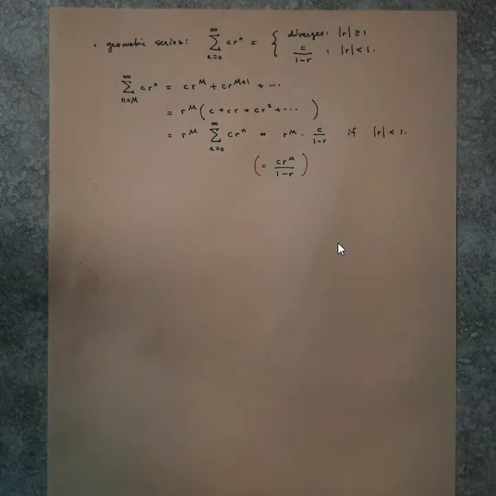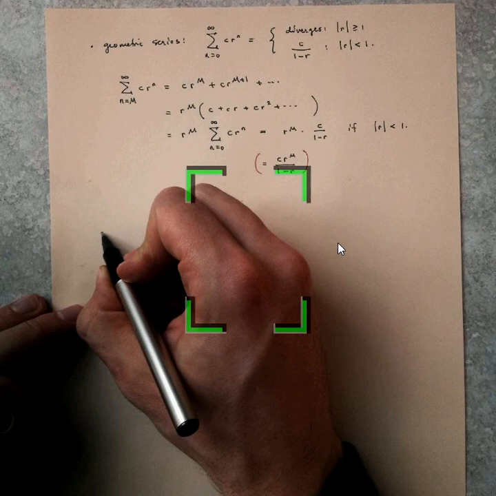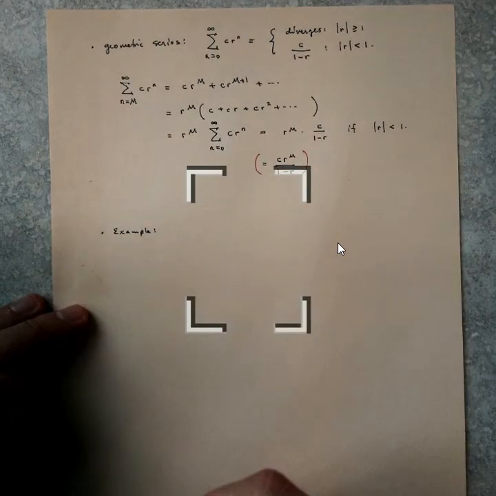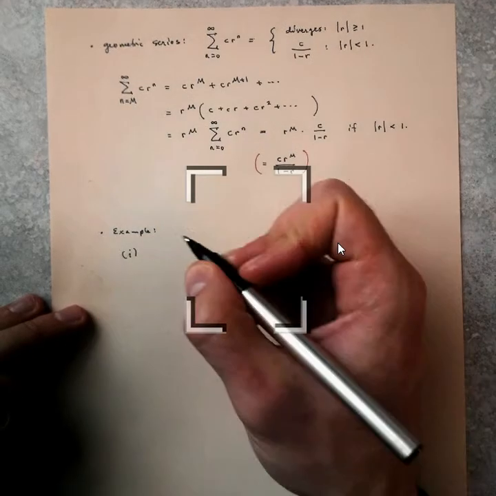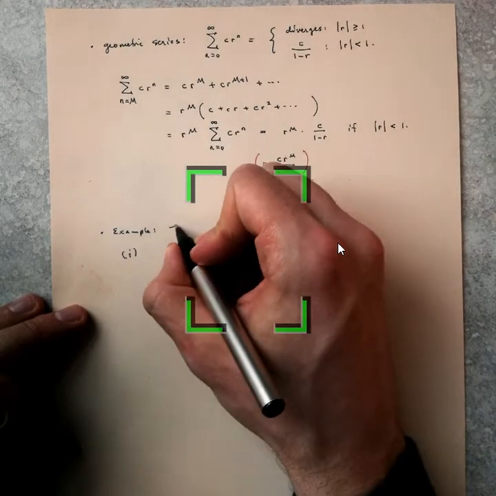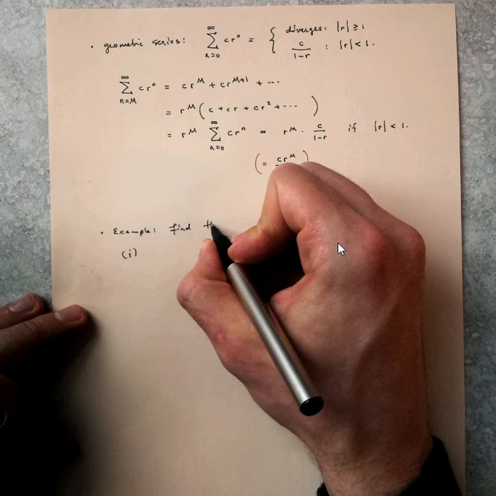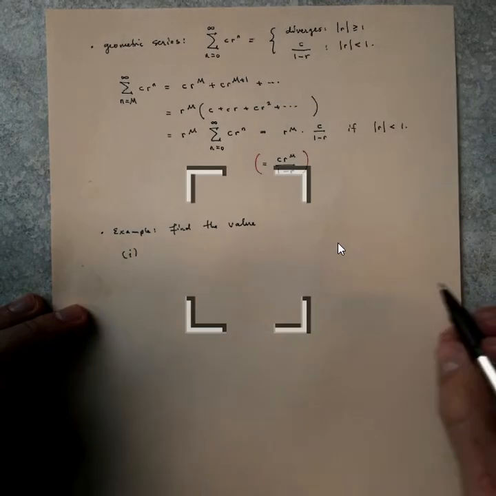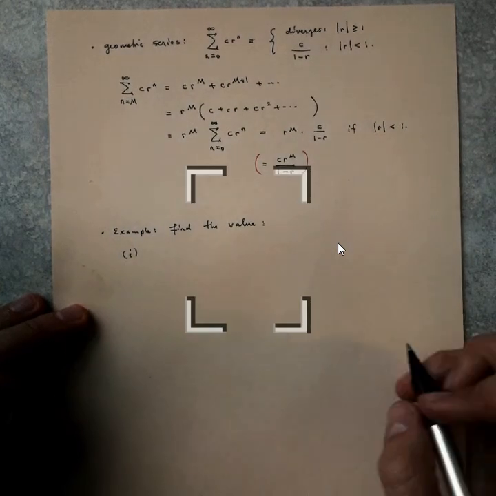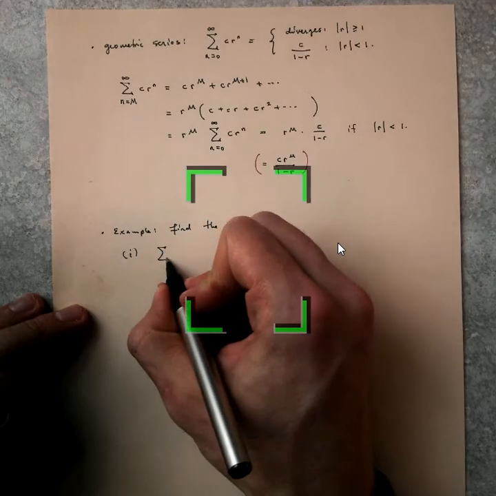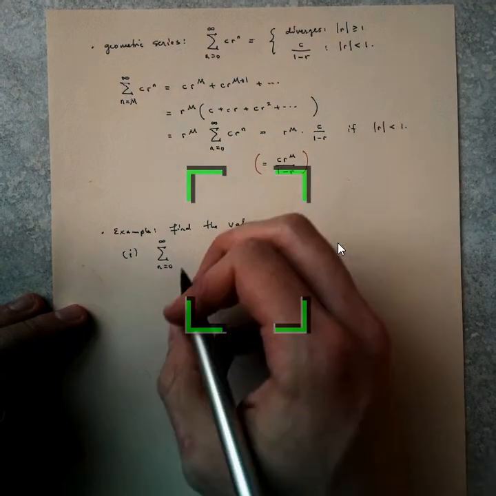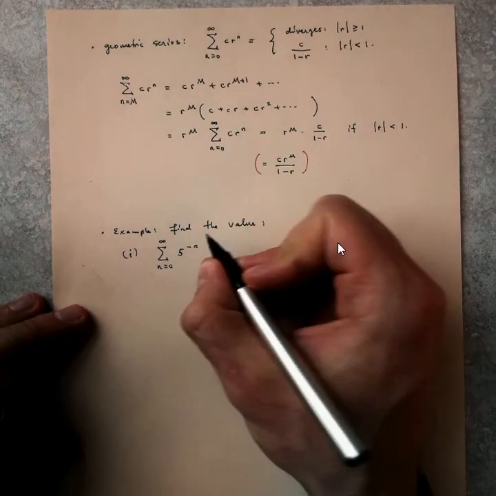Okay. Let's do some examples. First of all, I'm going to sum up from n equals 0 to infinity of 5 to the minus n.